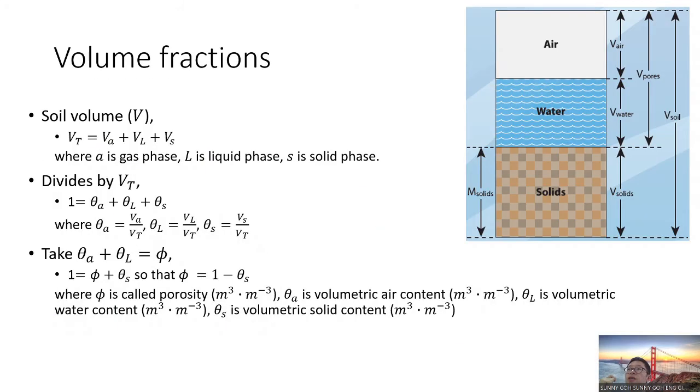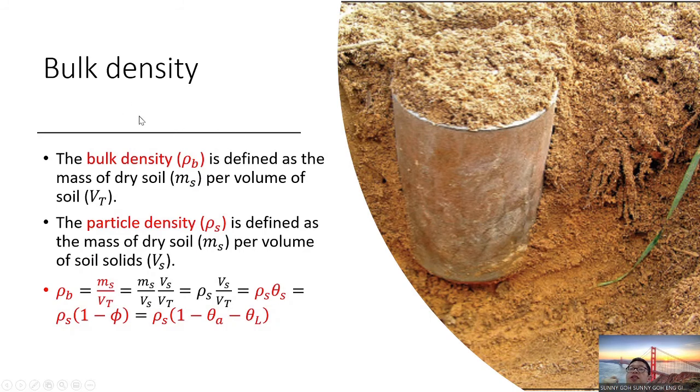Okay, so now let's talk about bulk density. When we try to characterize the soil, one of the important parameters is the bulk density. Bulk density is defined as the mass of the dry soil per volume of soil. So we take the dry mass of the soil divided by the total volume of the soil.